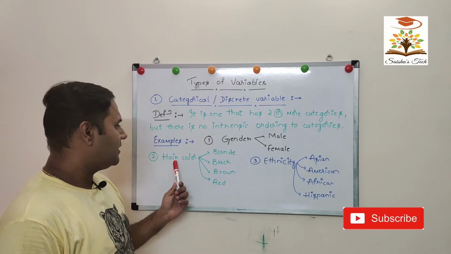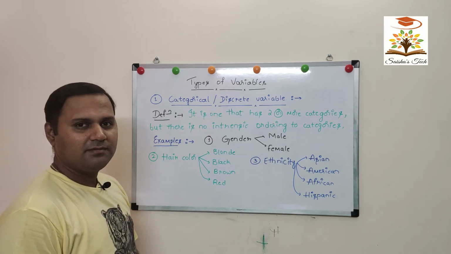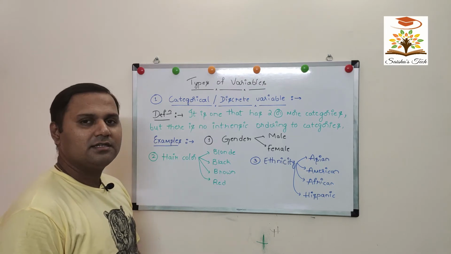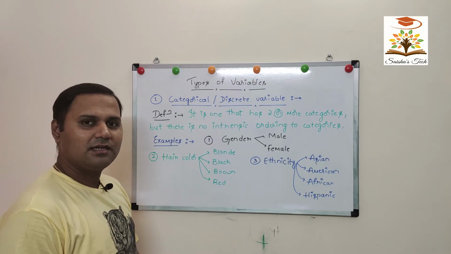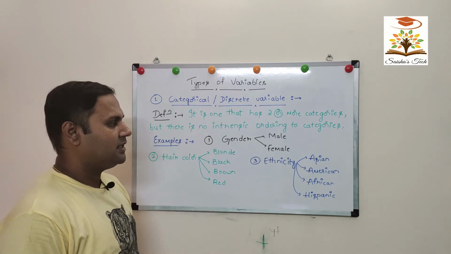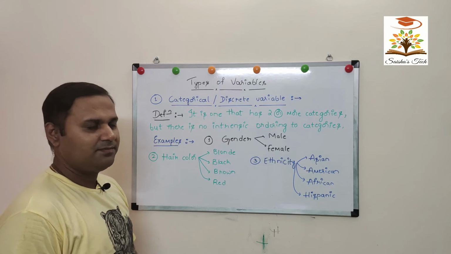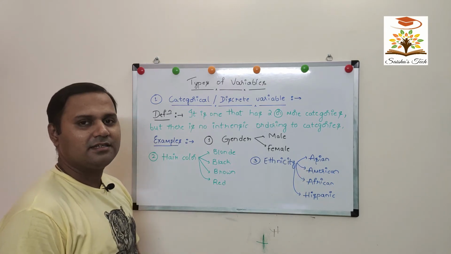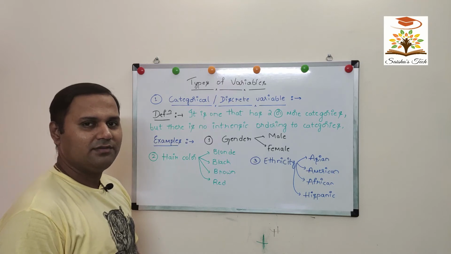If we consider hair color as categorical variable, then blonde, black, brown and red are considered as the categories for the hair color variable. Similarly, if we consider ethnicity as our categorical variable, then Asian, American, African and Hispanic are the categories of categorical variable.